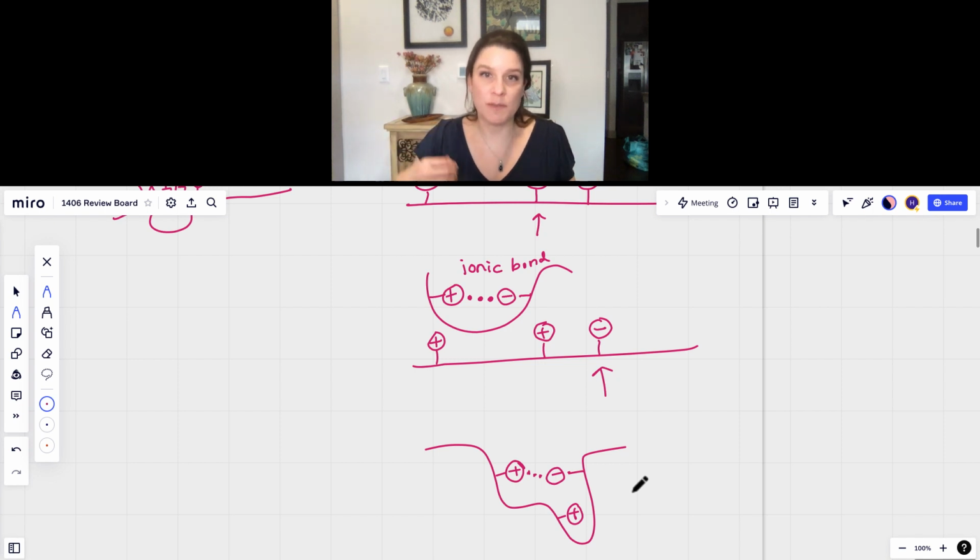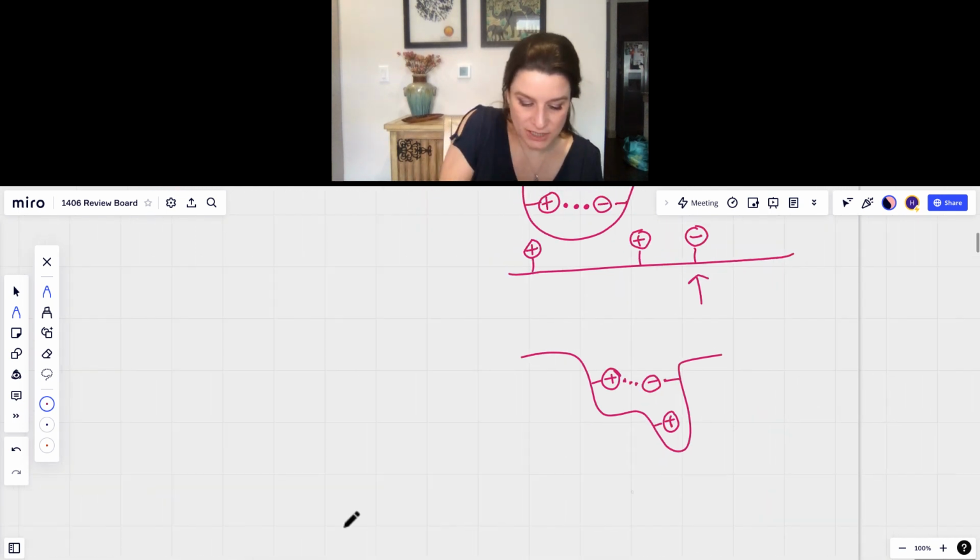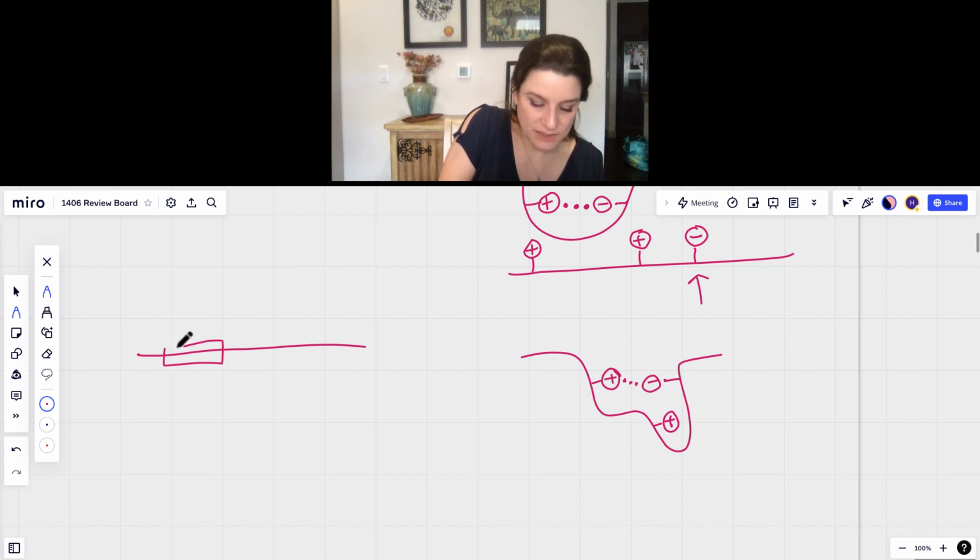And the reason those matter is because of the folding, or it could be in a regulatory region. So if you have a change in the amino acid sequence in this regulatory enhancer region, not amino acid, nucleotide, DNA.